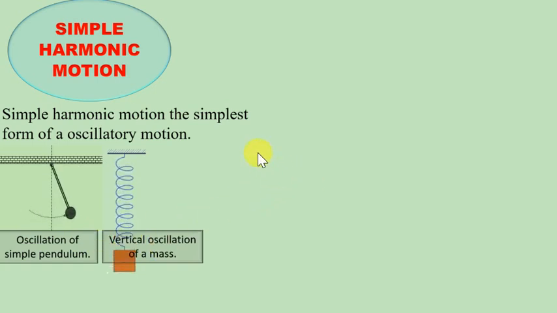Now looking at this, we can use what we have seen in these animations to define simple harmonic motion. To define simple harmonic motion, we consider number 1, the displacement of the object, the particle or the body from the rest position. It is displaced here, released, and keeps moving. It is squeezed or stretched, released, and it keeps vibrating.